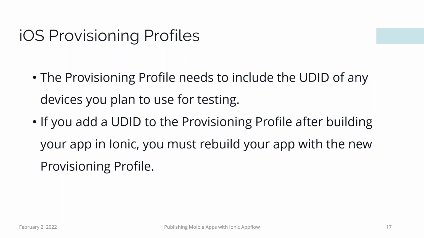If you get all the way to the end of the build process and you realize you forgot to add it, you have to go back, add that UUID to your provisioning profile, and then rebuild your app with that new profile in order to test it on your app using the DIOE product.